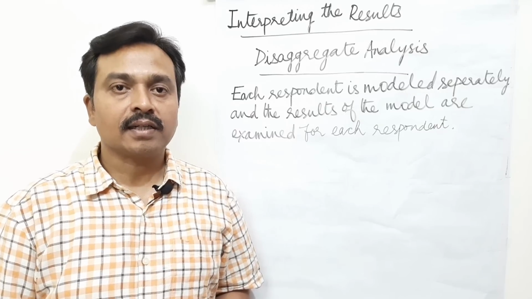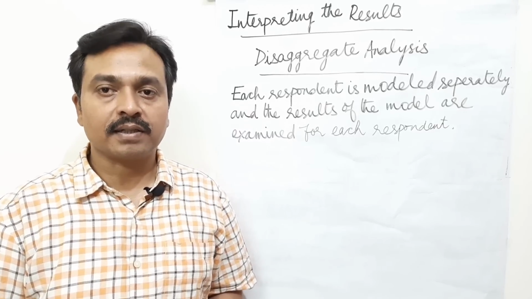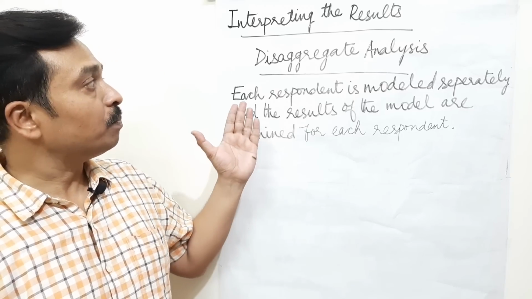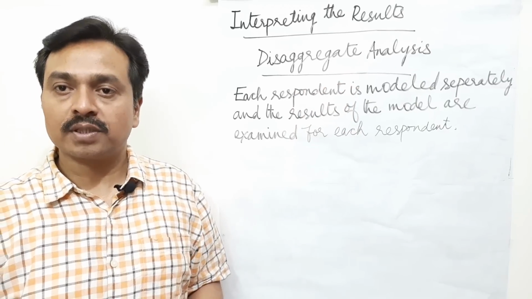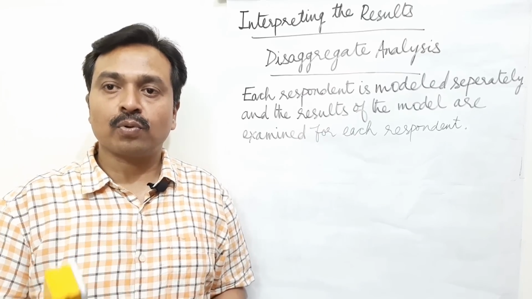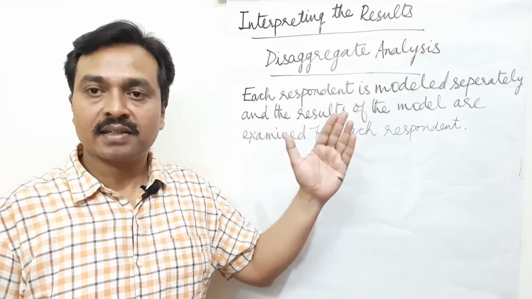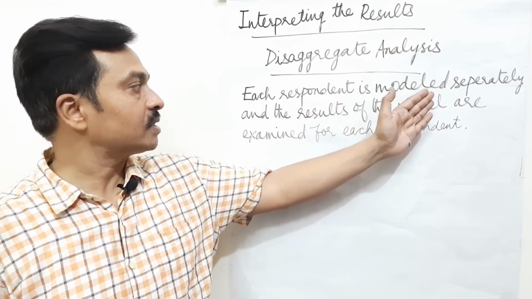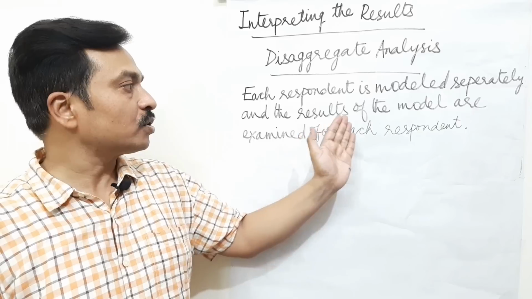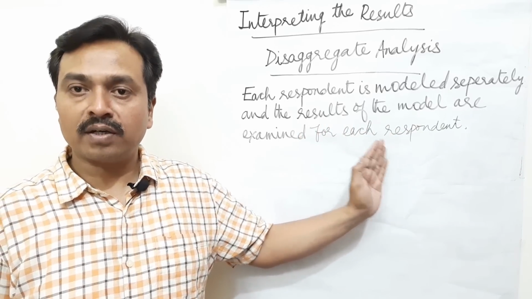Let us now understand how the results of the conjoint analysis are to be interpreted. There is one method called disaggregate analysis, which is widely used. The customary approach to interpreting conjoint analysis is disaggregate analysis. That is, each respondent is modeled separately and the results of the model are examined for each respondent.